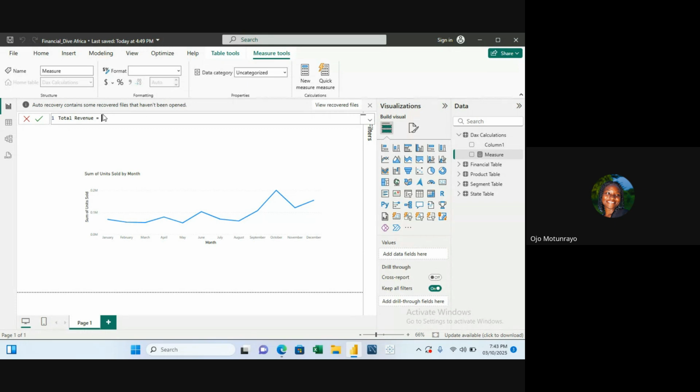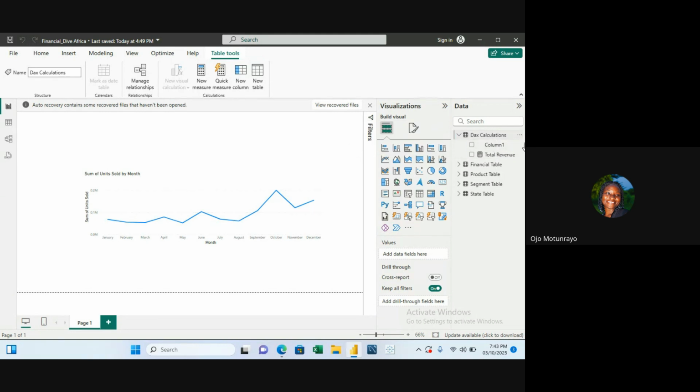So that would be total revenue equals sum of financial table revenue, because we've created a column for revenue. Then click on enter. You can see that your total revenue is under that calculations.